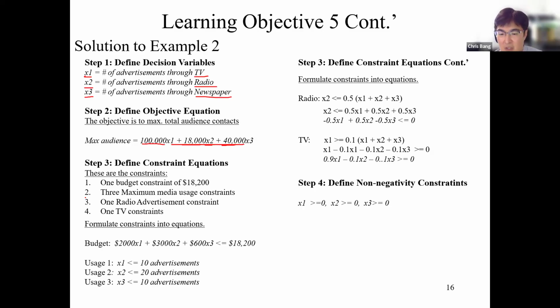Then we write constraints. One for budget, and 3 for maximum media use. So you have to set up constraints one by one. Then we can add non-negativity constraints.